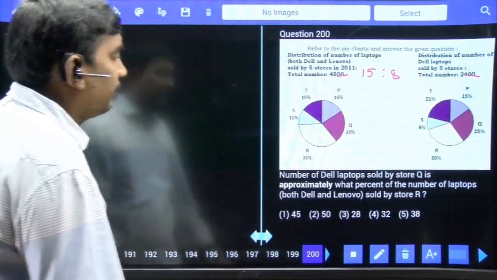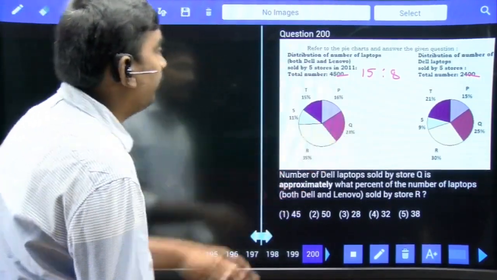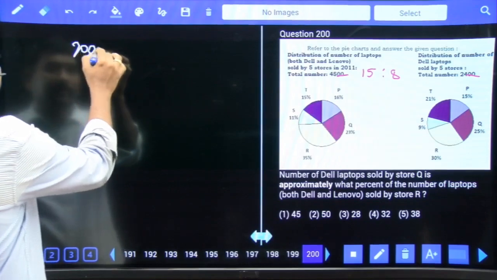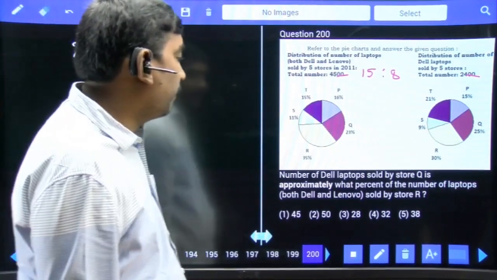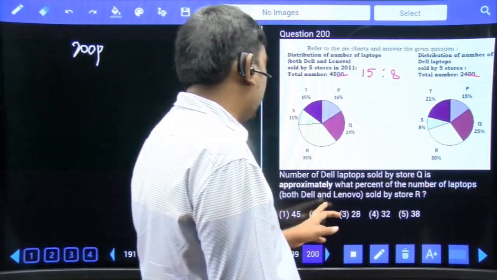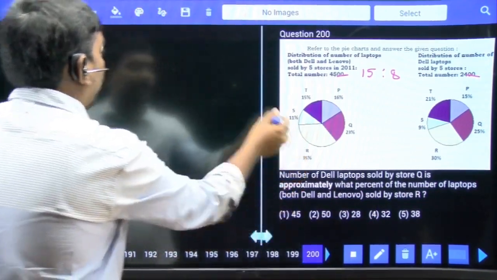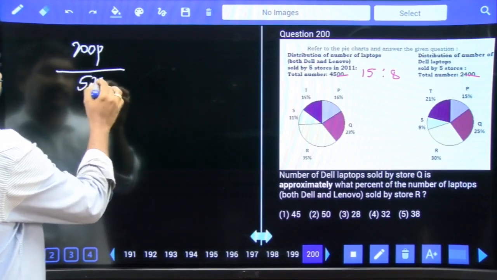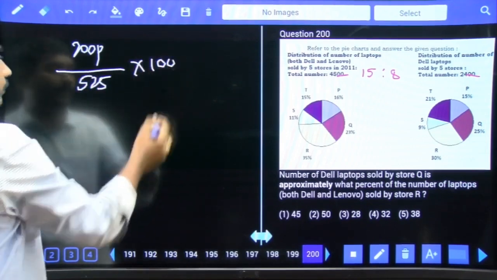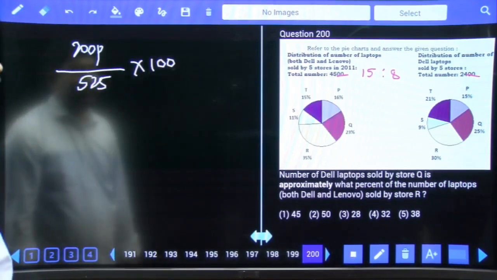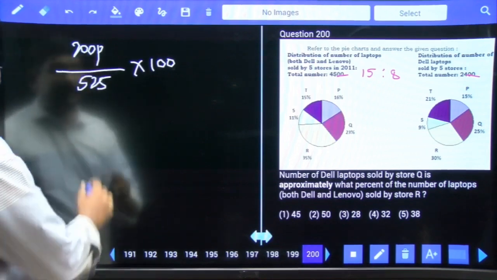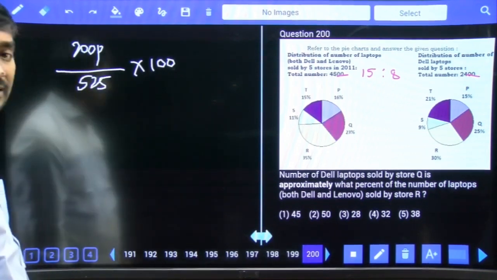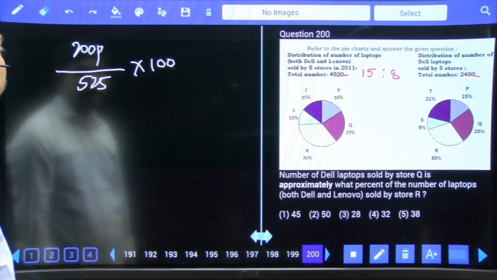Number of Dell laptops sold by store Q 25 8s are 200 parts is approximately what percentage of the laptops sold by store R 35 15 times 525 into 100. So approximately means in 525, 40% and nearby, 40 and below.